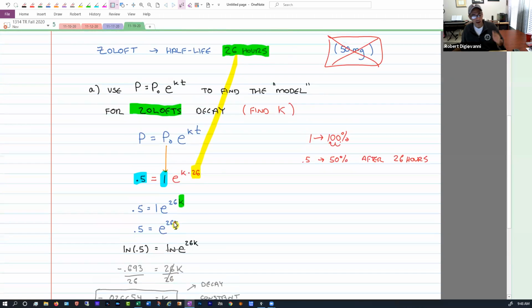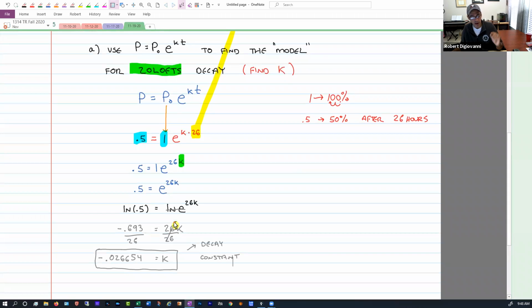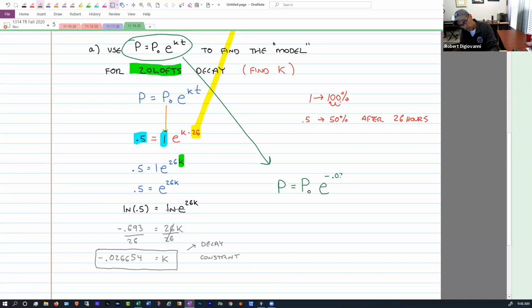Here it is. So now to answer part A, here's the answer to part A. What I'm going to do is take this model that we have and rewrite it, but now I will replace K with what I just found, negative 0.026654 T. This right here is the decay model for Zoloft.